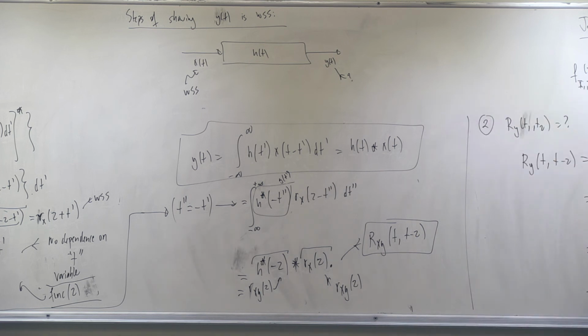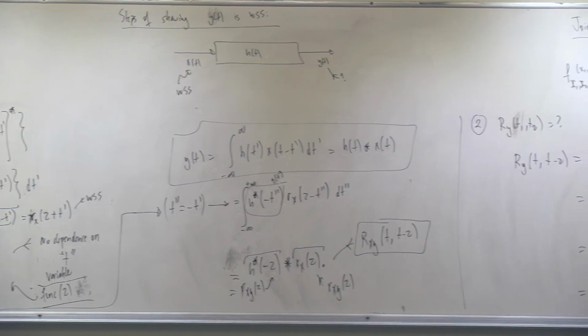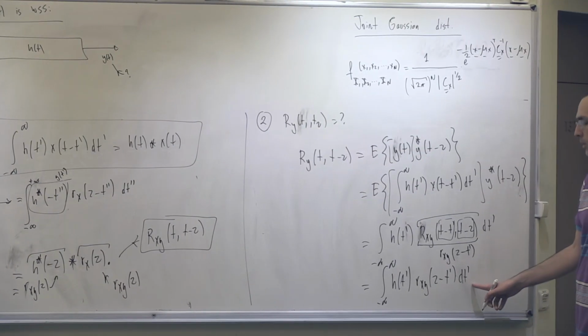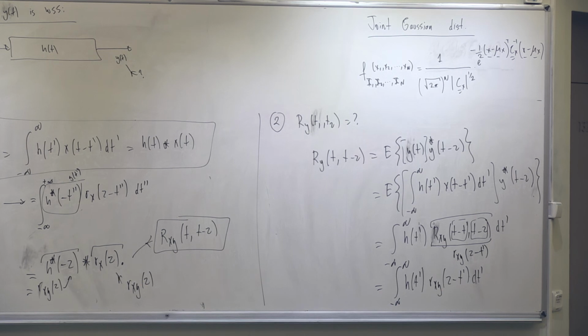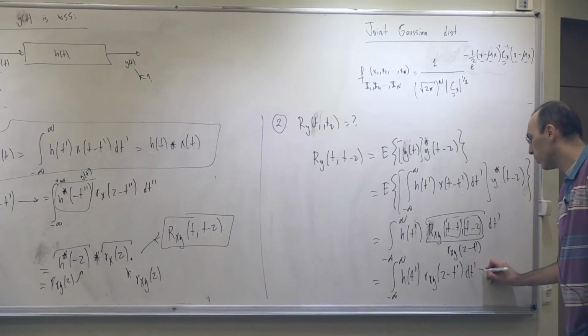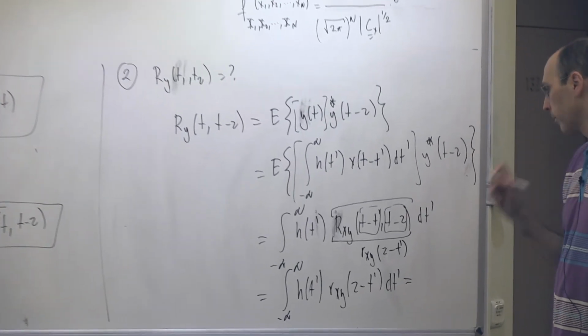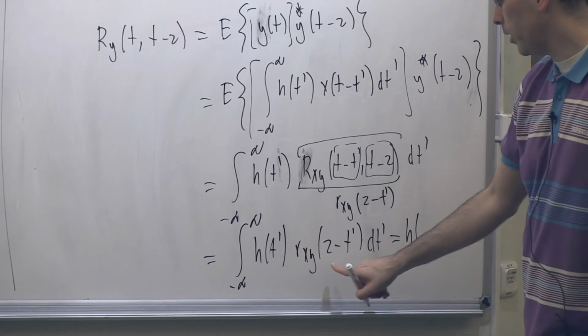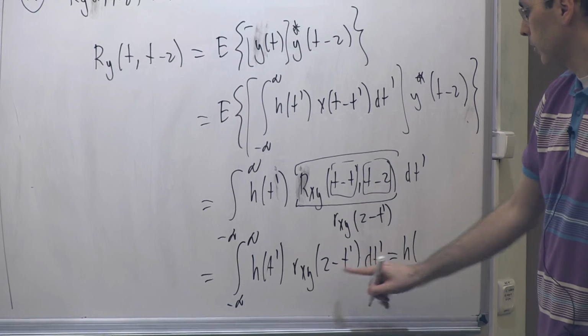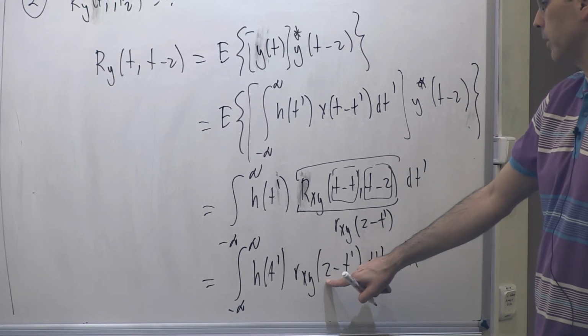So how about this one? This one also looks like a convolution. Too many convolutions in a single lecture, and they all look like each other, but they're a little different. How should I write this convolution? The output variable is tau. If I do this convolution, only tau will remain.